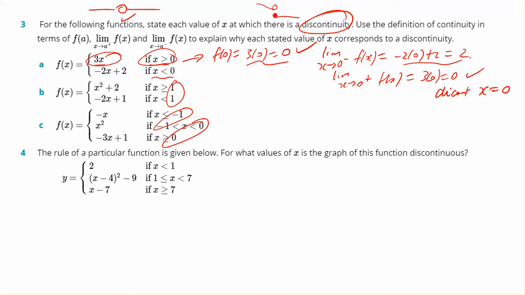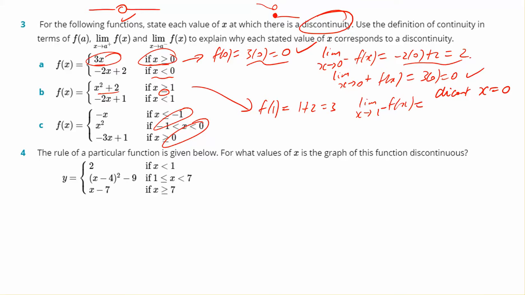For b, we do the same thing. I need to find f of 1, because that's where possibly the discontinuity occurs. Now, where does it equal? It equals here, so we're using this equation. So f of 1 is 1 squared plus 2, which is 3. I'm going to find the limit as x approaches 1 from the left.